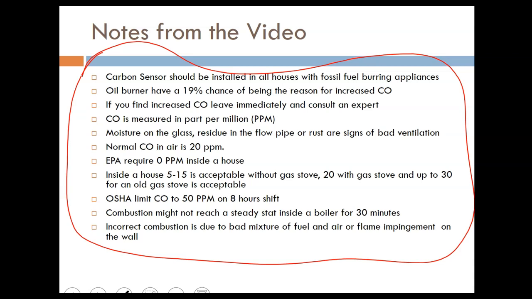And since we are doing combustion, we have to be aware of that, because one of the main reasons of carbon monoxide is combustion. So look at these notes and watch the video, and hopefully you got to register all of this information. And I will make sure to post the video on Blackboard as well.